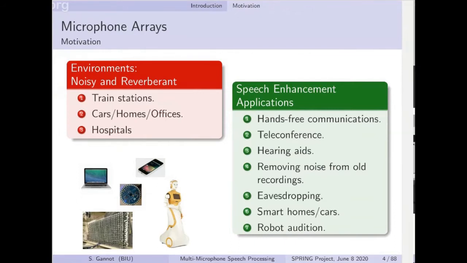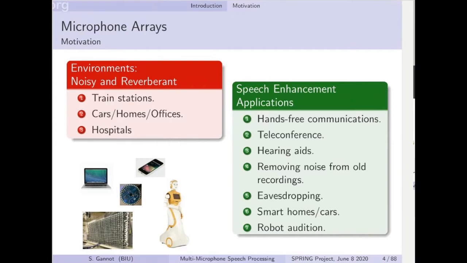A very fast growing application is smart homes, smart cars, and smart environments in general, in which you speak to your devices and the devices are listening or understanding and apply actions due to the sound that they recognize. And robot audition, of course, which is the main core of our project.